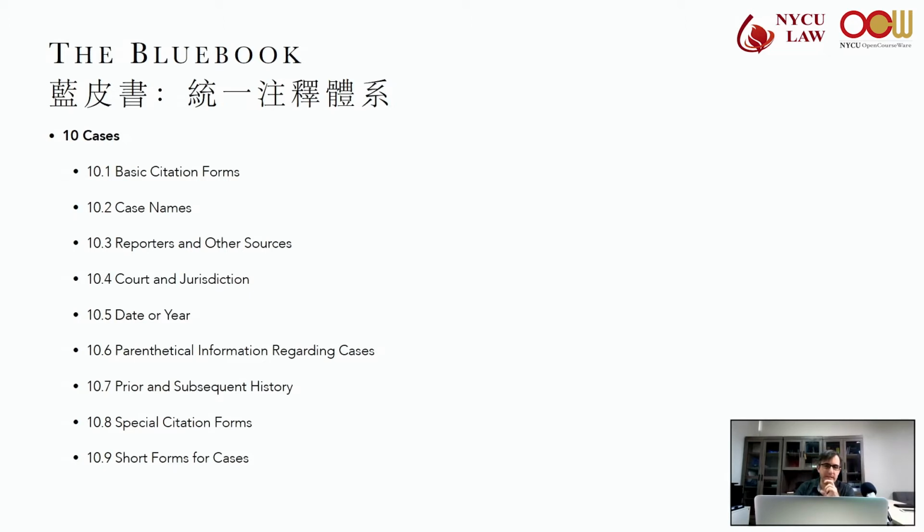Now to dig deeper into citation forms. In Rule 10.1, there's a chart that goes over the basic citation forms. So if a case is filed but not cited, cite it as such.